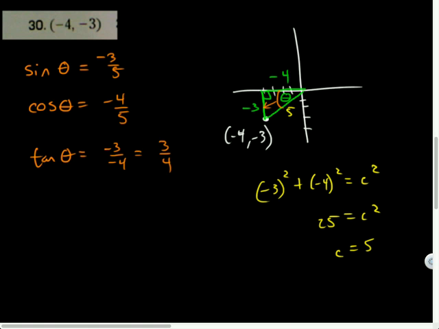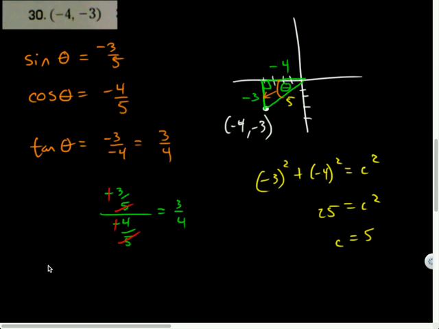Alternate method: would -3/5 over -4/5 simplify to be the same thing? Yeah, because the minus signs and the 5s cancel, I'd get 3/4 still. So notice that is also equal to sine over cosine. There's just so many relationships between many different things here, thinking of this triangle in terms of x and y, or in terms of sine over cosine.